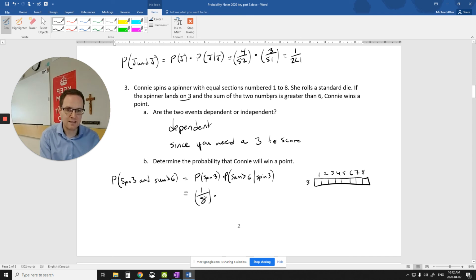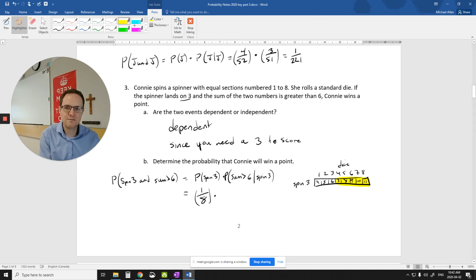Now, if I add these together, because I want the sum to be greater than that, if I had the spinner of 3, and this is my dice up here, I'm going to add these together and get this new sample space. Now, you notice in our sample space that these numbers here are the numbers that are greater than 6.